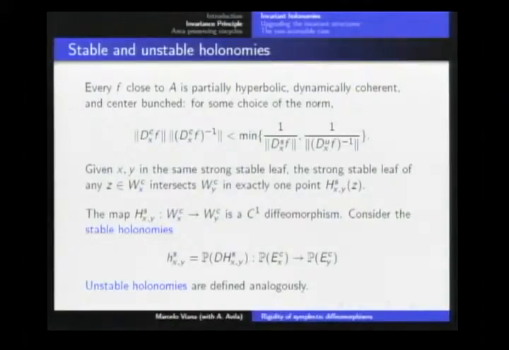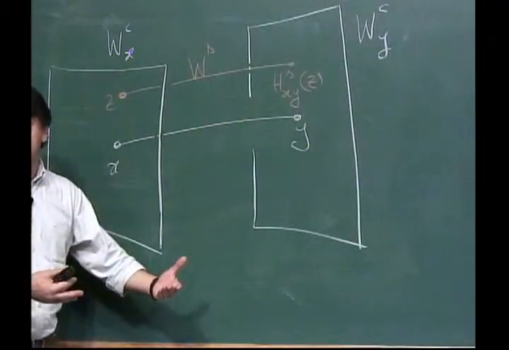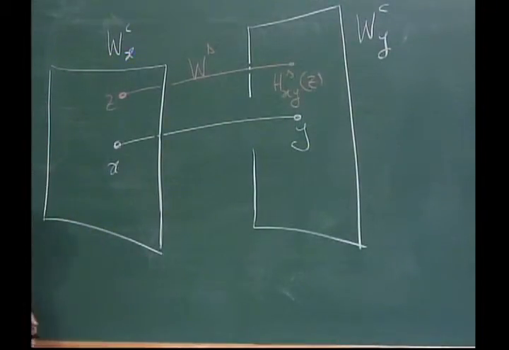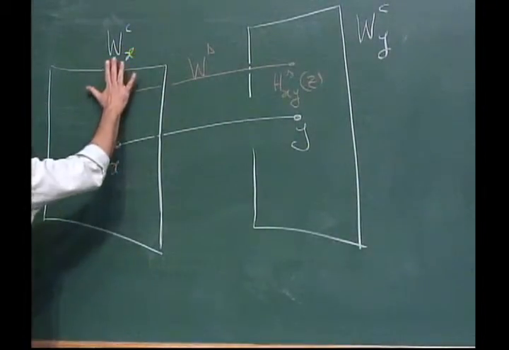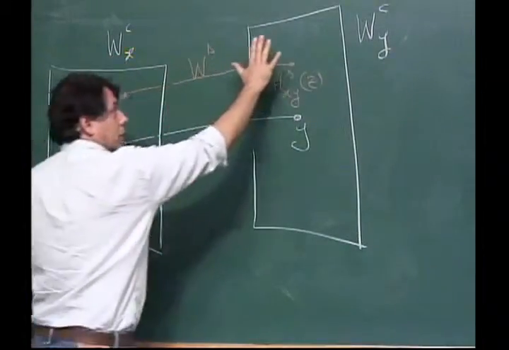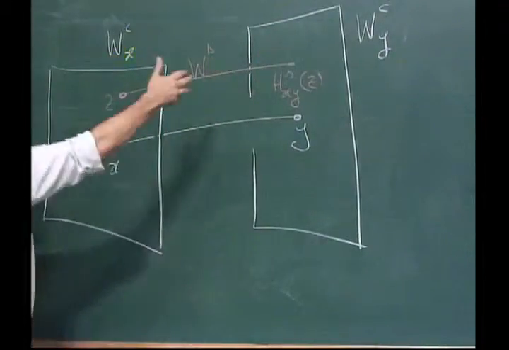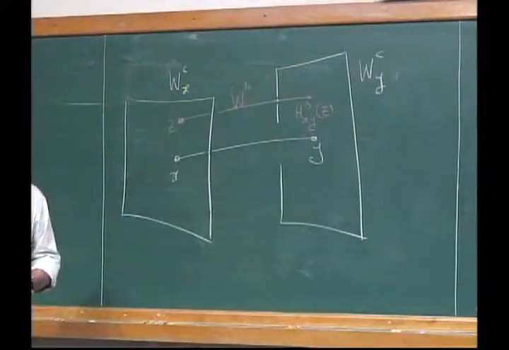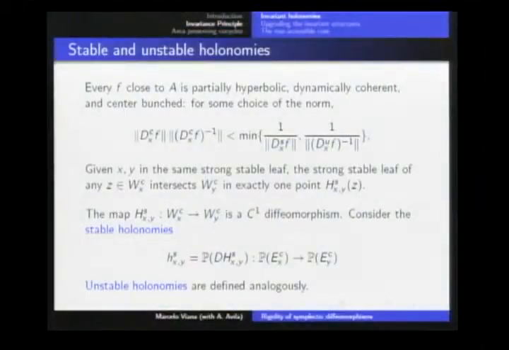Now, the fact that they are differentiable means that I can take the derivative. So there's also a linear map going from the tangent space here to the tangent space here, which is just a derivative of this holonomy. And I'm not so much interested in those maps as in the projective version of those maps, the projectivization.